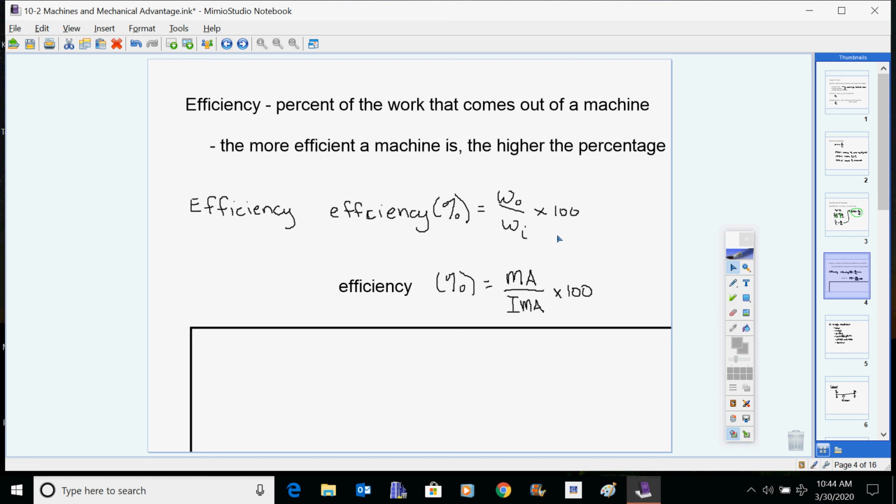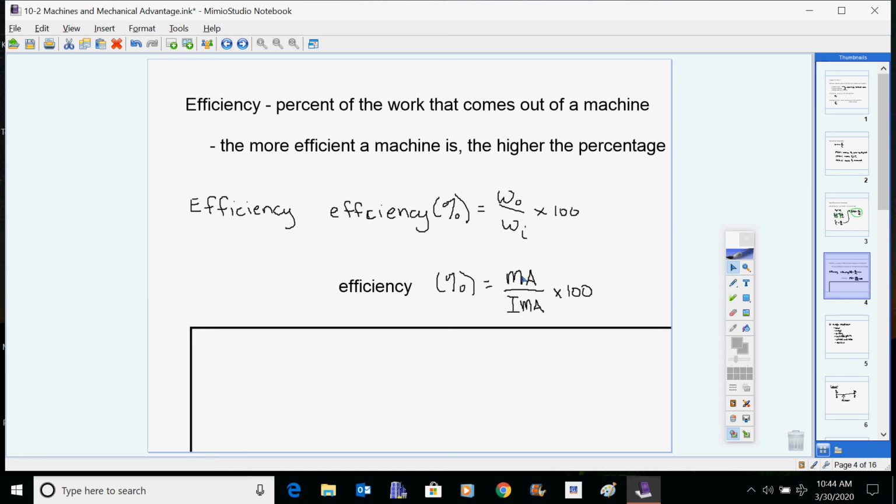So you would have 100% efficiency because you would divide these out. But let's say, for example, instead of having all the work you put in come out, some of it might have been lost to friction, so you end up getting less distance out, or it loses a little bit of the force. So you could have work out divided by work in and get a fraction of what you started with, times 100 would give you your percent efficiency.